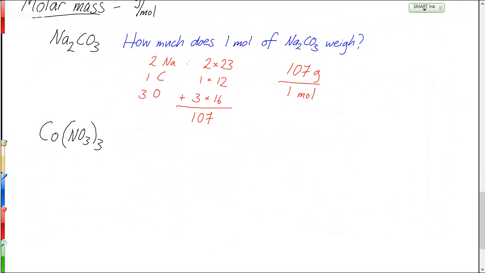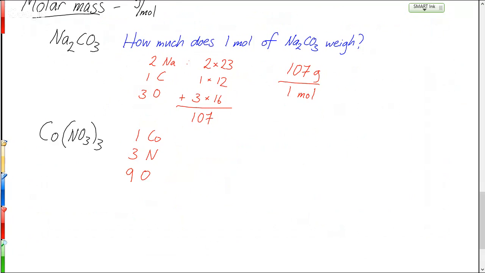So you've got a Co. And then how many nitrogens are in that formula? 3, yeah, because you've got to distribute that 3. And how many oxygens? Right, there's going to be 9, because you've got 3 oxygens in each nitrate, and then 3 nitrates. So that's 3 times 3 is 9. So go ahead and solve that one.